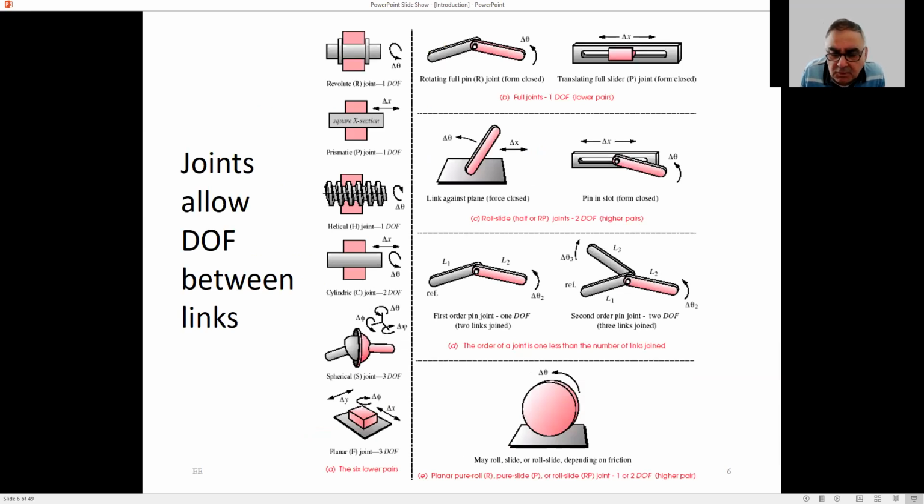Now, on top of that, links have to be connected to each other by something, right? Let me stop this sharing and share something else, a whiteboard, so that I can draw.